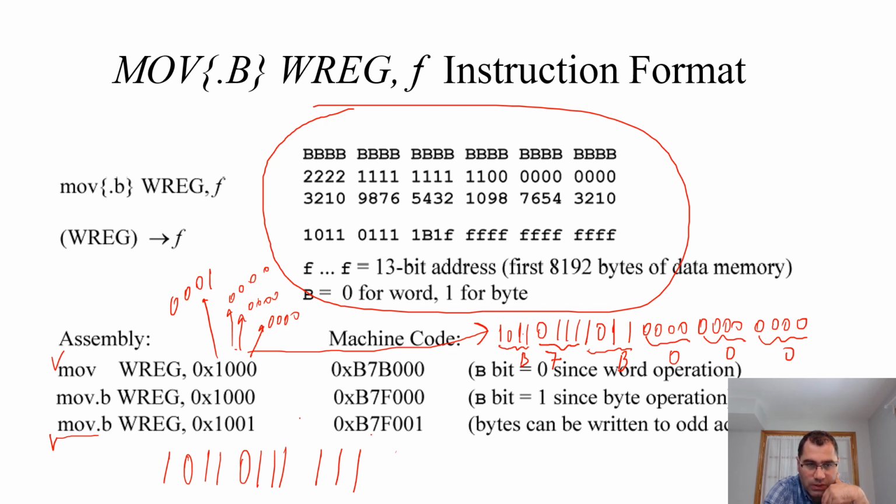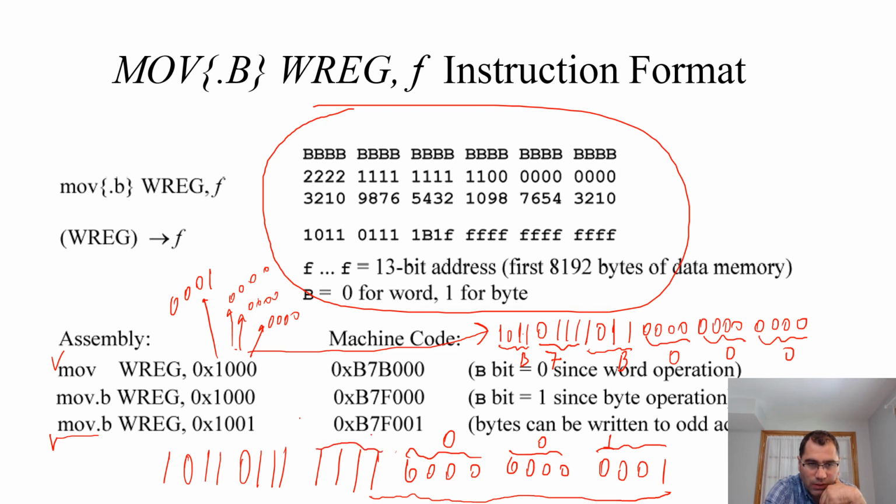If you convert 1001 to its 13-bit binary equivalent, it's going to be 1, and then 0 0 0 0 0 0 0 0, and 0 0 0 1. Okay, so that's the binary equivalent of 1001. So now we can group them again: this is going to be 1, this is going to be 0, so this is going to be 0, and this 4 is going to be F, and this 4 is going to be 7, and this 4 is going to be B.